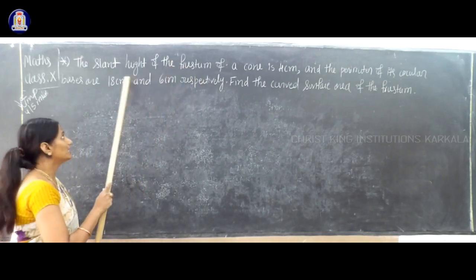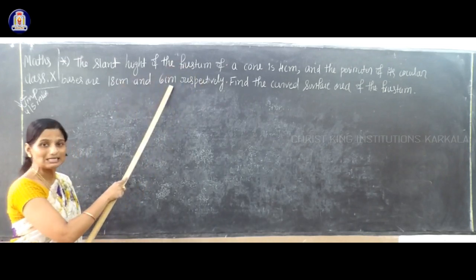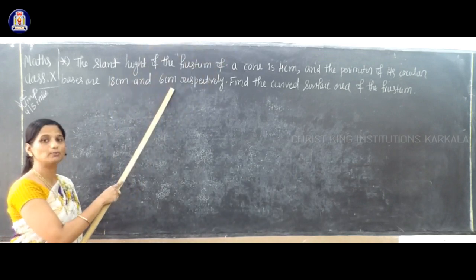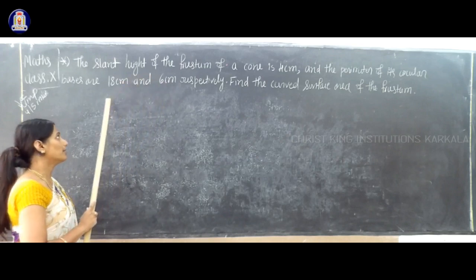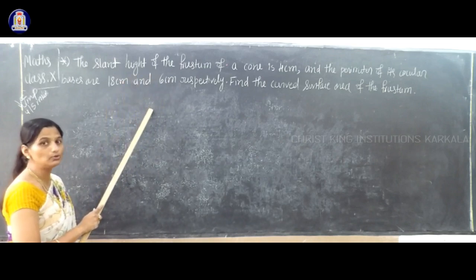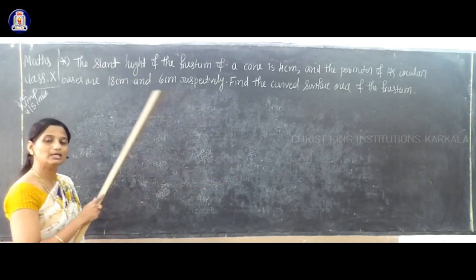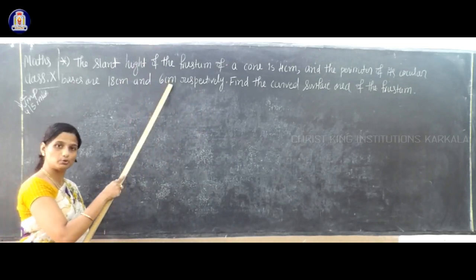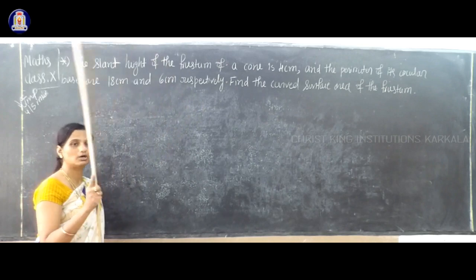That means radius is not given directly; instead, perimeter is given. So how to use it here? Perimeter P1 is equal to 2 pi r1, get your r1. Perimeter P2 is equal to 2 pi r2, get your r2.